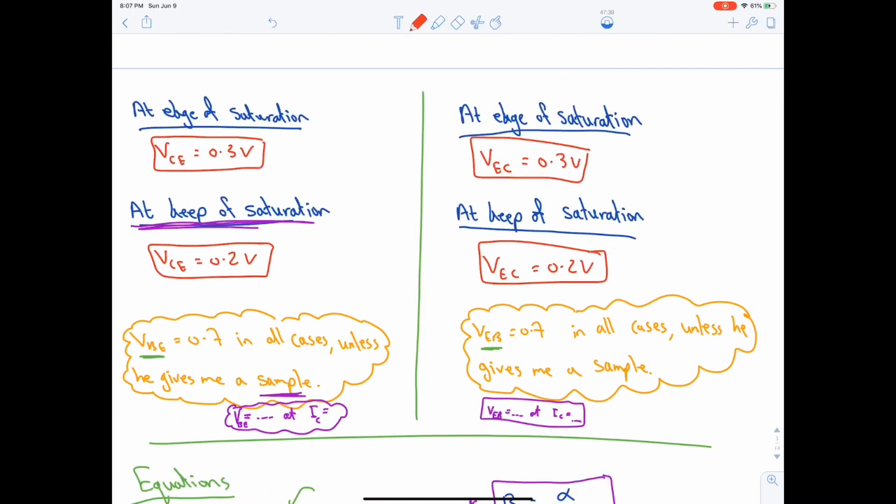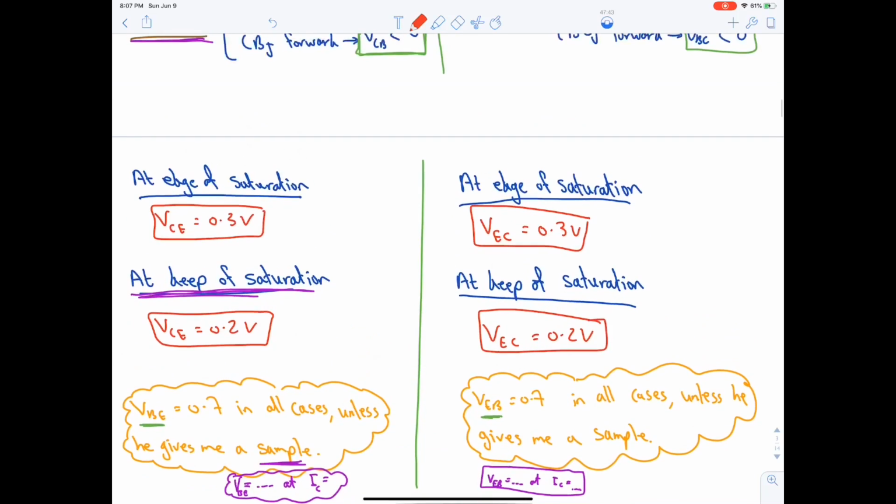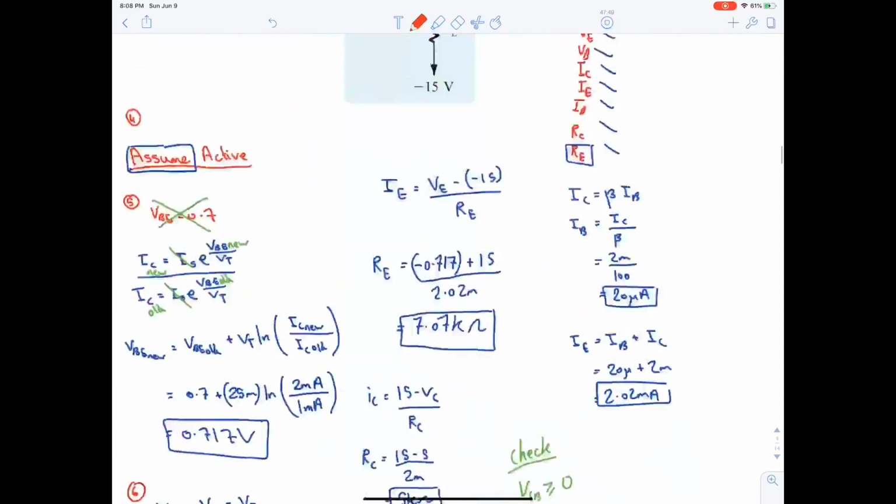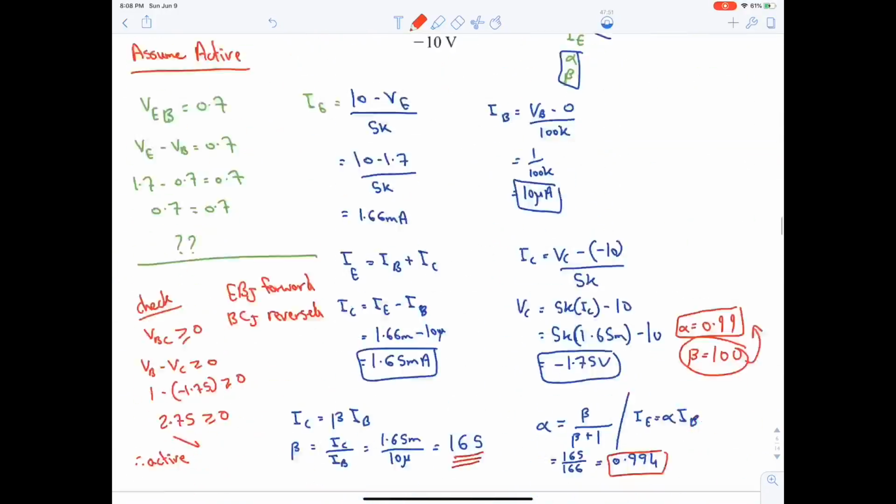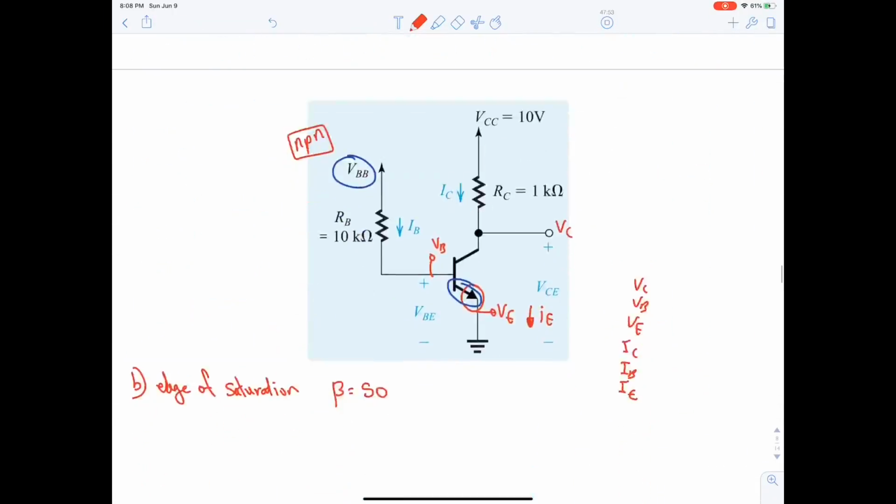Also note that in edge of saturation we have an additional information, which is VCE equal to 0.3. Who is VCE? VCE is this side. Remember when I told you this side is reserved for the saturation numbers? So here beta is 50 and VCE is 0.3 volt.